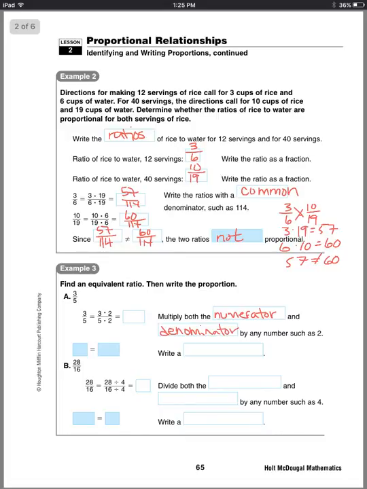You have to multiply both the numerator and the denominator by the same number, just like when we're making fractions with common denominators, but it can be any other number besides 0 and 1. And it has to be a positive number. So in this case, they multiplied both by 2. 3 times 2 is 6. 5 times 2 is 10. And then we write a proportion.